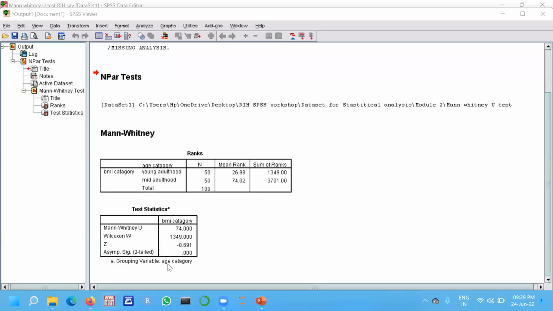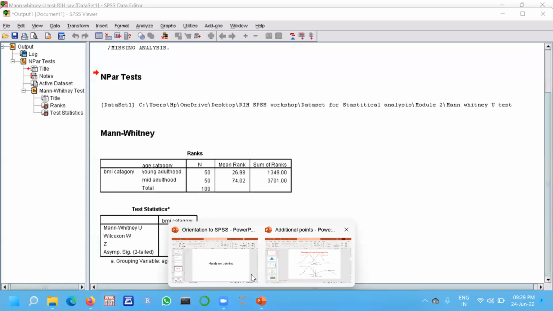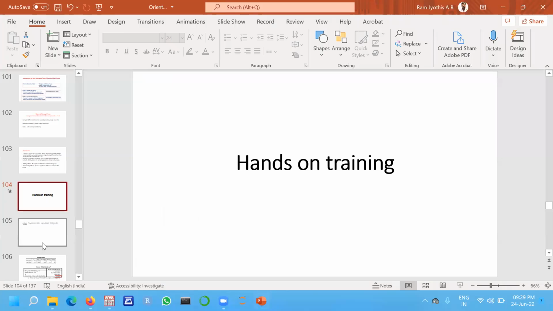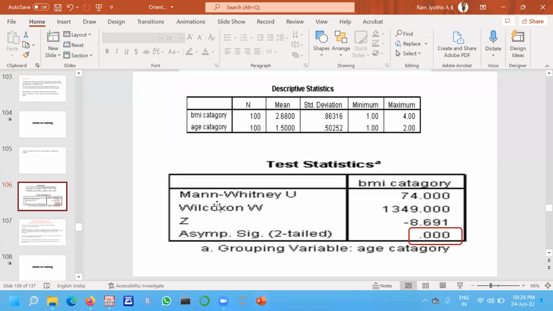So that is what it is indicating. Now I am closing this one. See, it is significant.